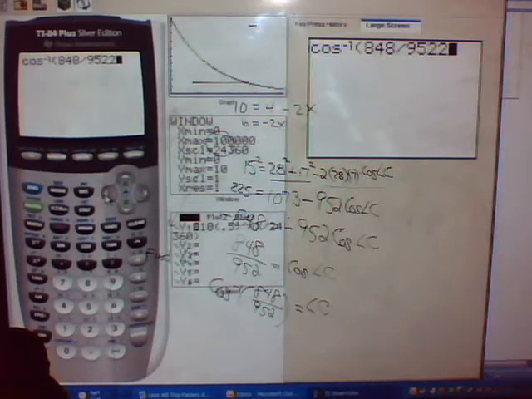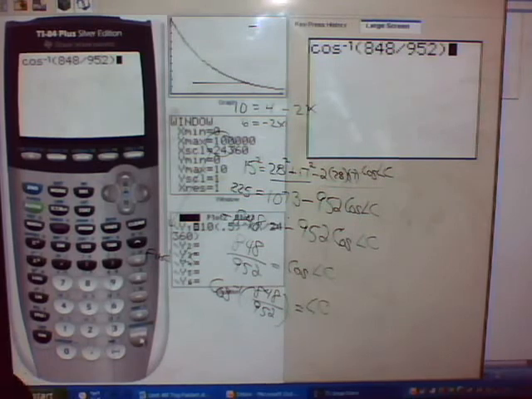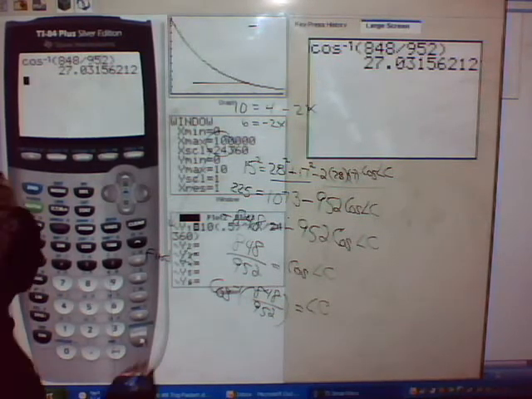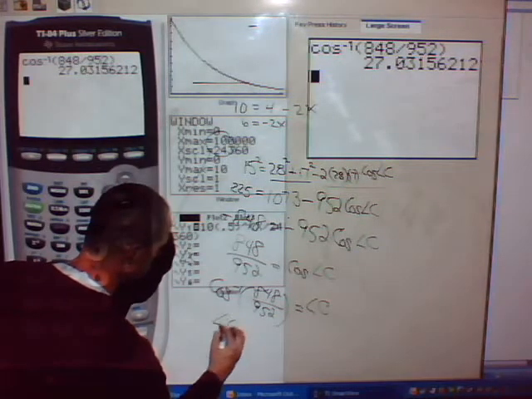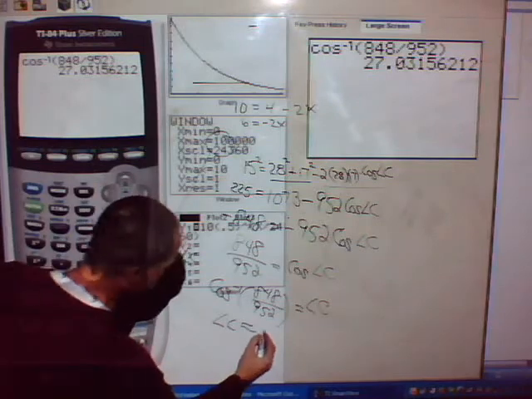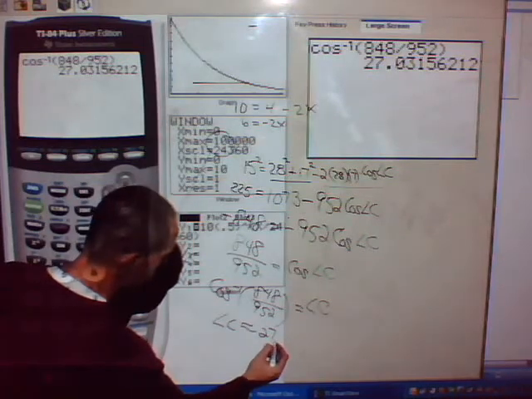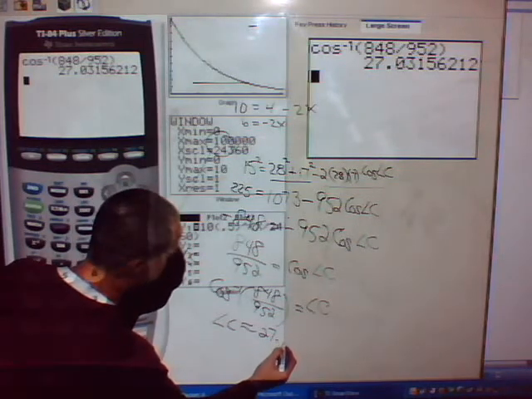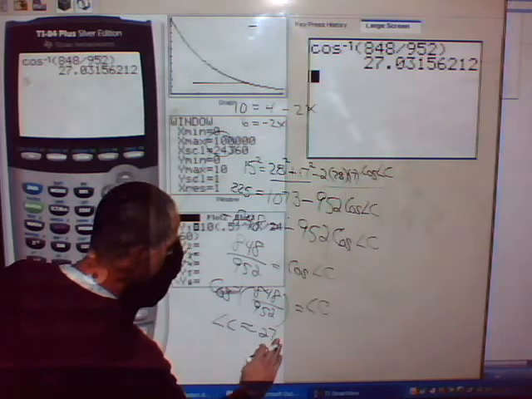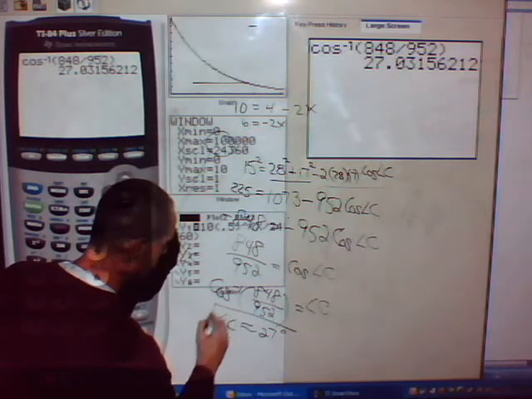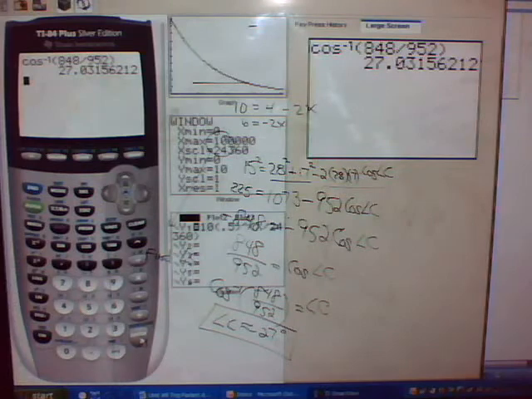Oops, too many. And that gets us angle C is approximately 27. Let's just call it 27 degrees. Okay? So angle C is approximately 27 degrees.